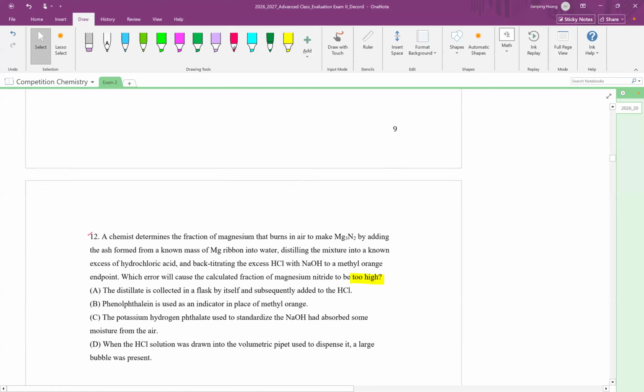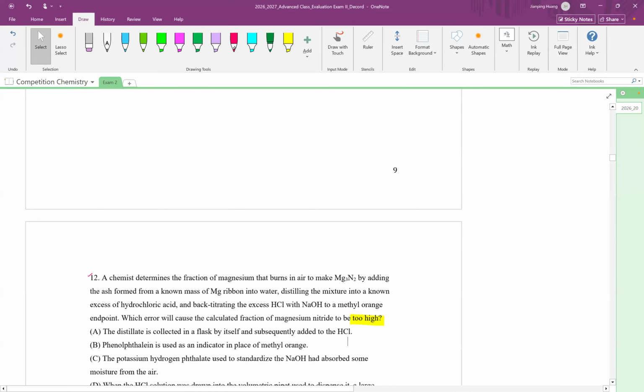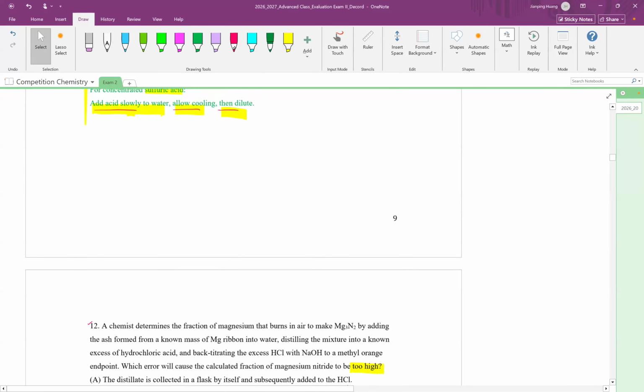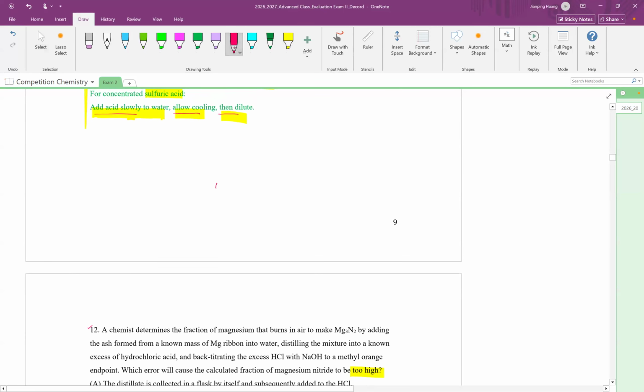So before that, in class we discussed the diagonal relationship. Did you remember? Diagonal relationship. Here is magnesium, and its diagonal relationship is lithium. Okay, that's a diagonal relationship. As we know, lithium can burn in the air and you only get the oxide, and also lithium can react with nitrogen gas.